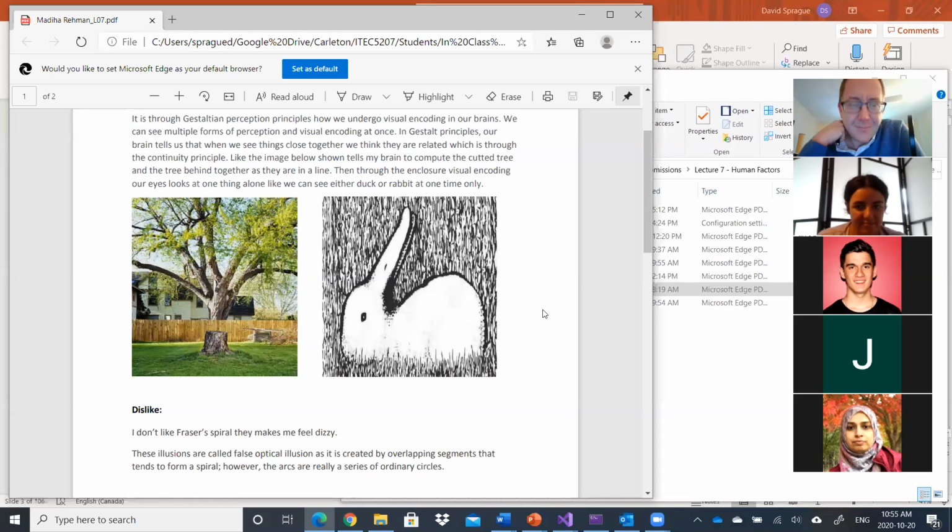Similarly, you will first see it's a rabbit, and then the second shot you can see it's a duck. So these are basically how your brain receives one visual at a time, or how your brain perceives things as how close they are. Yeah, that's it.